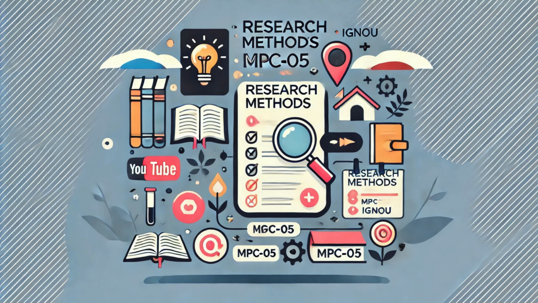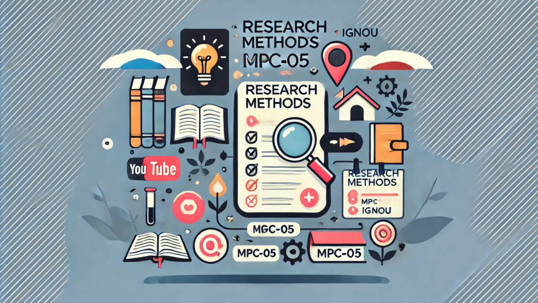But I'm also realizing that no design is perfect. There are always strengths and weaknesses, trade-offs to consider. Like we talked about how between group designs are great for minimizing those pesky carryover effects, but they often require more participants. And within subject designs are more efficient with participants, but we have to be extra careful about order effects.